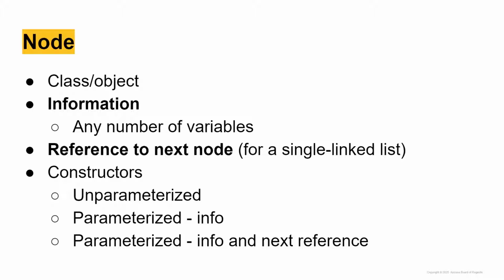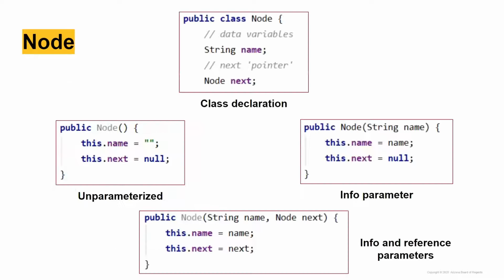But generally you're going to have some combination of an unparameterized constructor, a parameterized constructor that takes some amount of information as the parameter or parameters, and then you could also have a parameterized constructor that takes in information as well as the next node reference as parameters. So I'll show you what I mean.